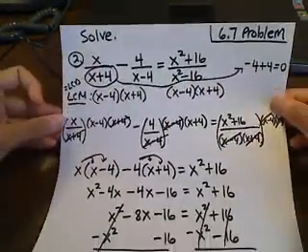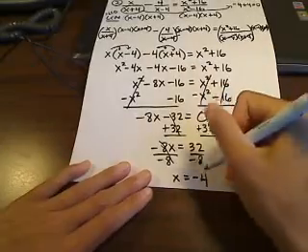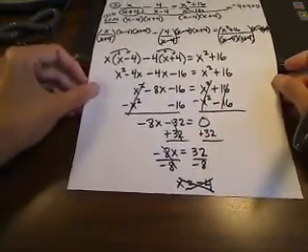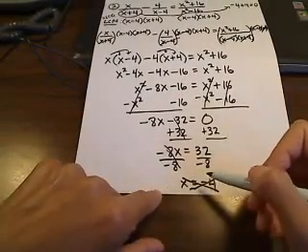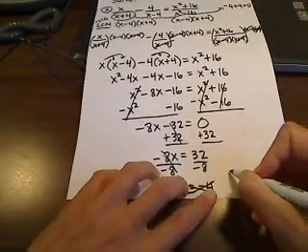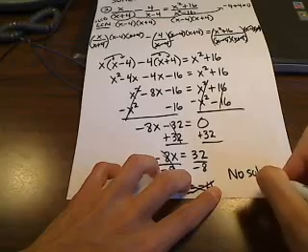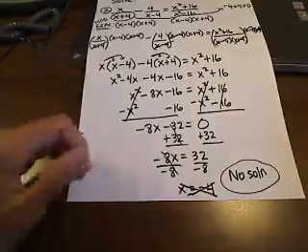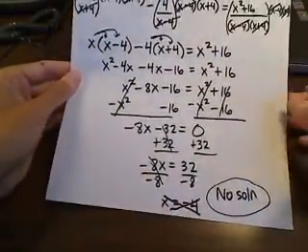Okay, that means that this answer is not a solution, because dividing by 0 is undefined. Since there are no other answers in the problem, and this answer doesn't work, there's actually no solution to this problem. So that's a valid answer.